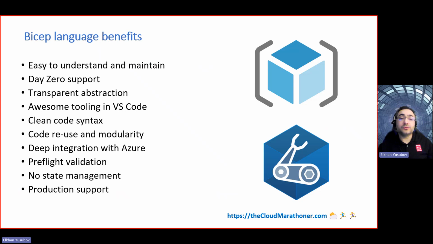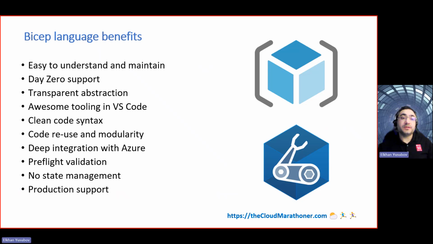It comes with day zero support, meaning that whenever there is a change to Azure resources and their APIs, it's reflected right away in Azure Bicep, because it's using those APIs to bring the API versioning and features from those APIs.